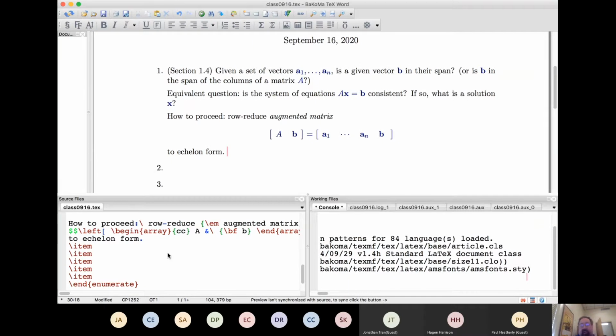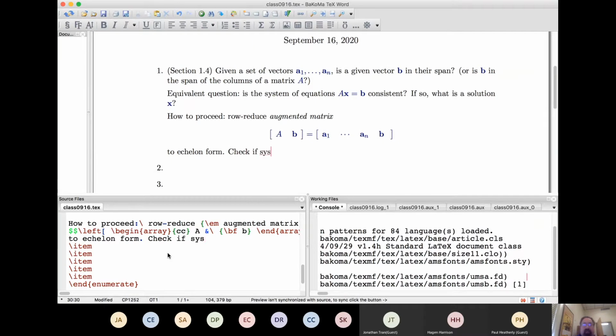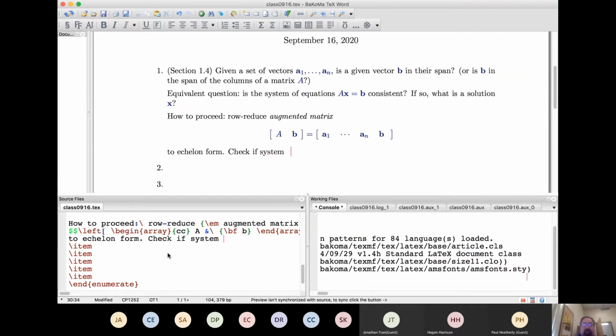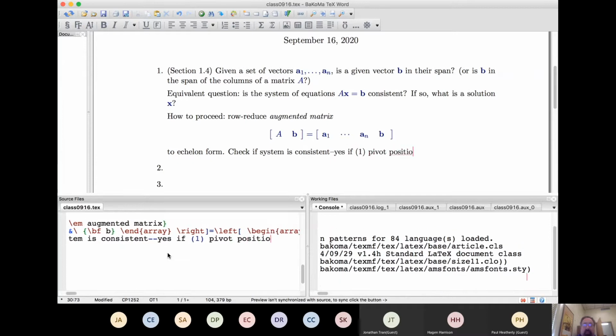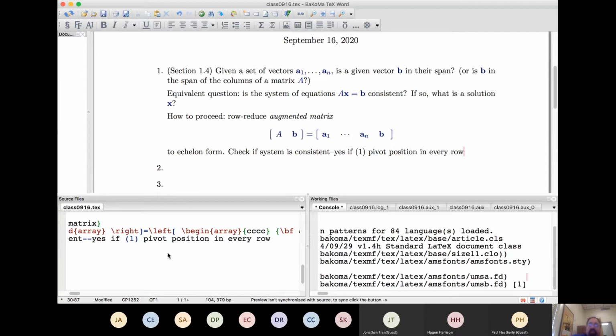So then you go ahead and check if the system is consistent. So it is consistent if there is a pivot position in every row. That would certainly guarantee that no matter what B is, there is a solution, that the system is consistent.